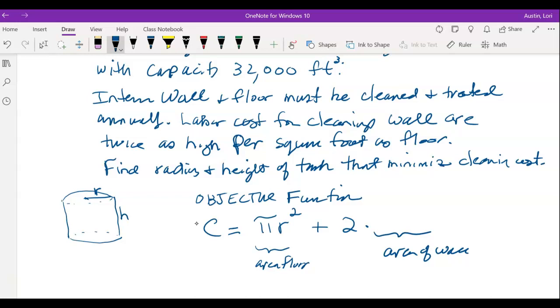You don't have to memorize formulas. We're talking the wall that goes up. We're talking the outside of a circle. How do you find the outside of a circle? If the area is pi r squared, what's the outside of the circle called?